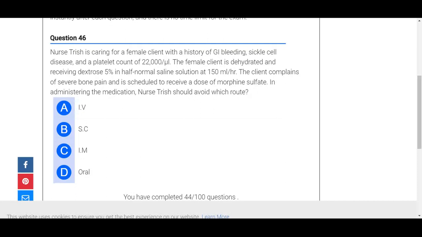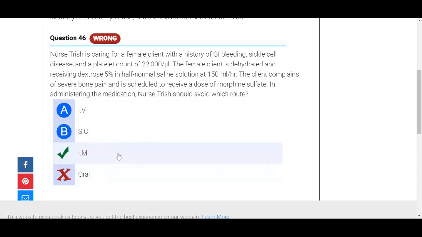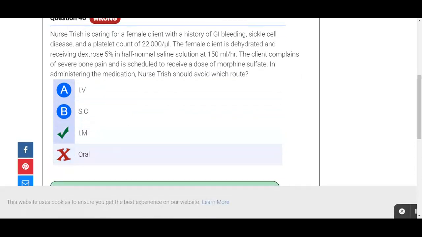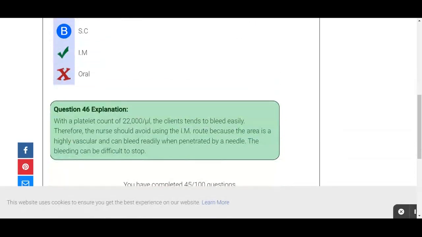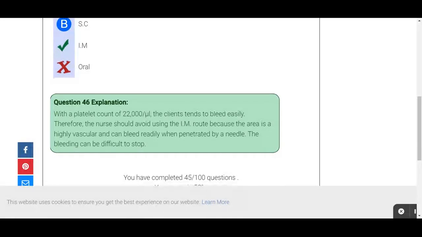Okay, there's a history of GI bleeding. The client is dehydrated. Oral? Oh, you should avoid IM. With a platelet count of 22,000, the clients tend to bleed easily. That is true.